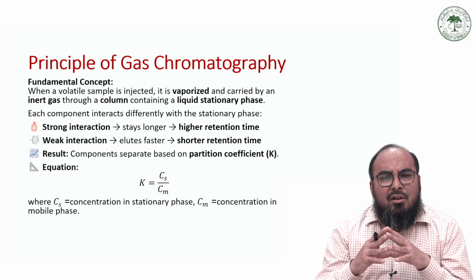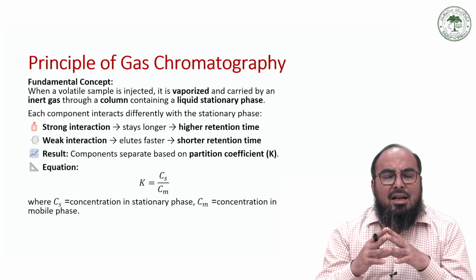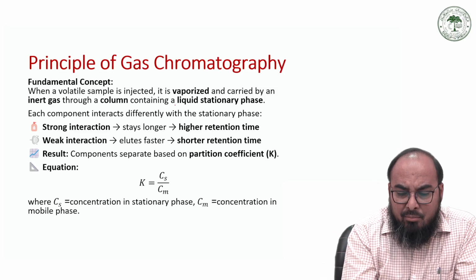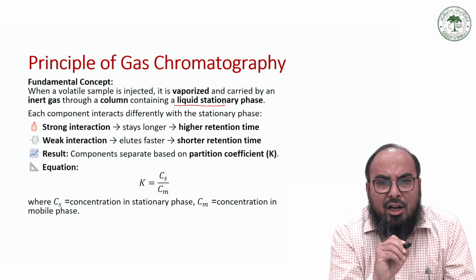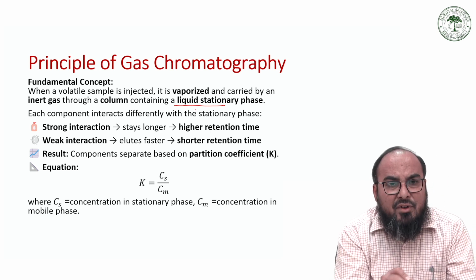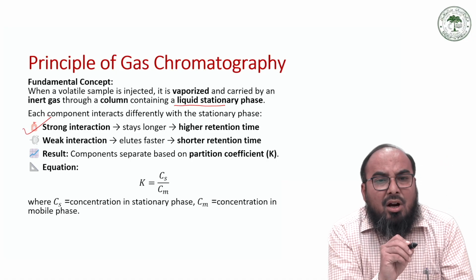Most of the time we use diatomaceous earth or silica or glass beads as the solid support, and we immobilize it with a certain stable liquid. So here the partition occurs between the liquid stationary phase and the inert gas.